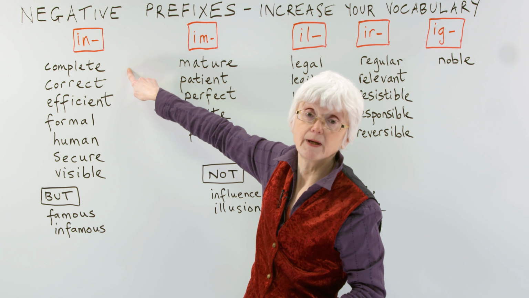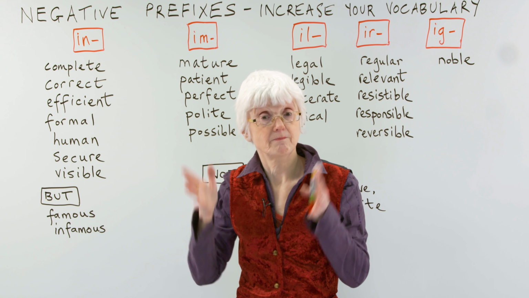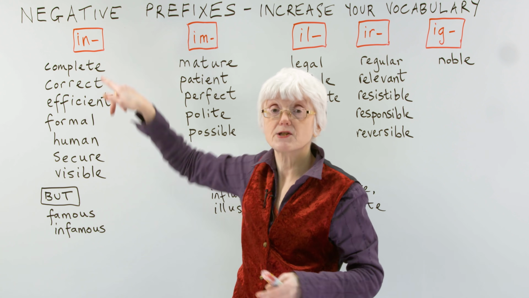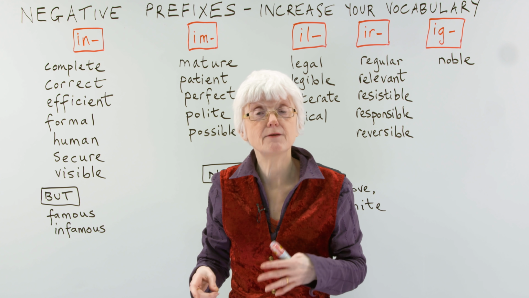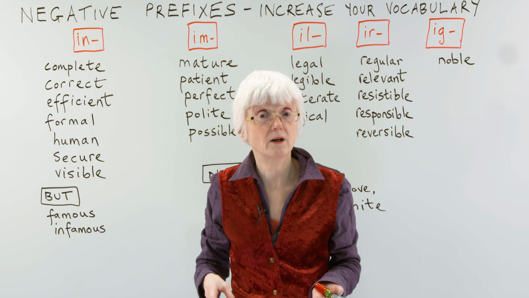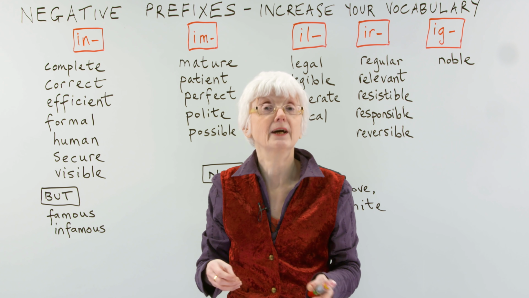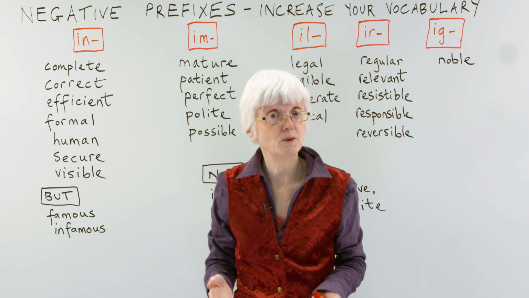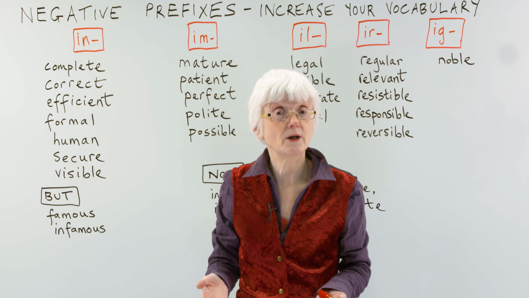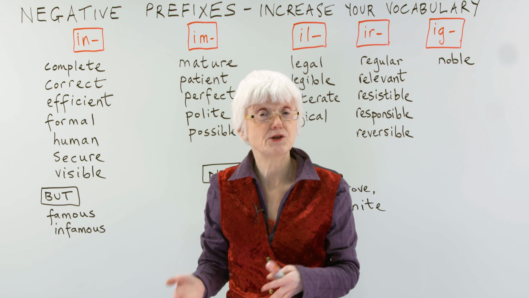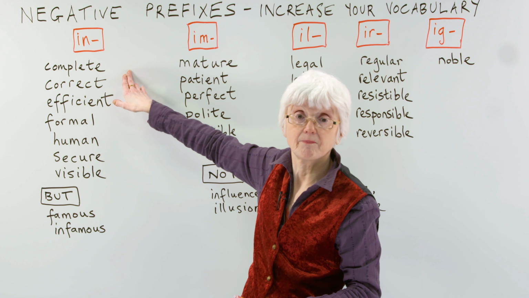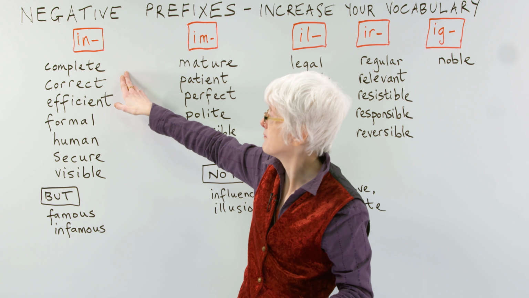If something is complete, everything is there. But if your homework is incomplete, it means you haven't finished it. So is your homework complete, or is it incomplete? Do you still need to do some more work on it? So that's incomplete, the negative.